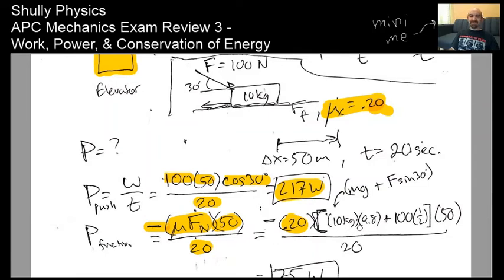Ooh, don't let this trick you a little bit. Normal force is not just the weight. Remember, there's a downward component to this force. So we're going to add that downward component to the weight. I guess that would be 10 times 9.8 plus F sine 30.